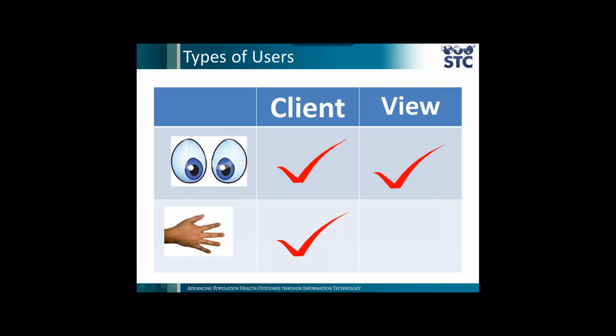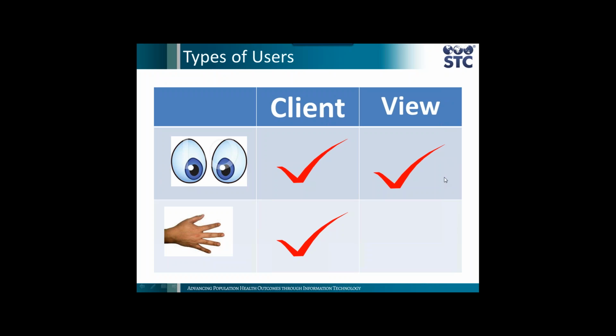All right, so when we go into the registry, I'm going to show you two different types of users. So we have facility client users and facility view users. The name itself kind of gives away what they're going to be capable of doing within the registry. But this handy little picture shows some check boxes.